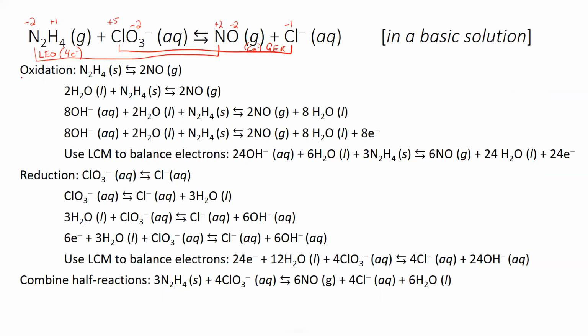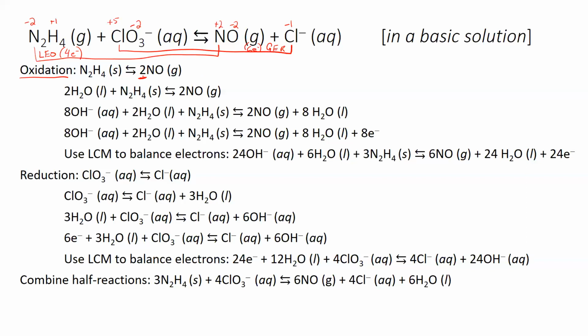If we look at our oxidation half reaction, all we're doing is taking the reactants and products associated with the oxidation, and that's the N2H4 and the NO. The first thing we're going to do is put a 2 in front of the NO to balance out the nitrogen. That's our first step in balancing these half reactions: balancing everything except for oxygen and hydrogen.